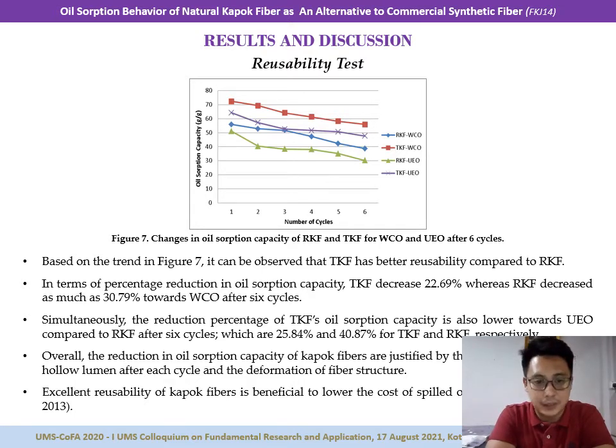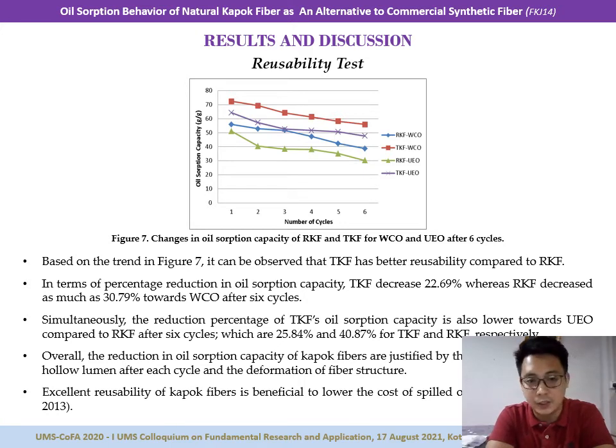In terms of percentage reduction in oil sorption capacity, the treated kapok fiber decreased about 22.69%, whereas the raw kapok fiber decreased as much as 30.79% towards the waste cooking oil after 6 cycles.